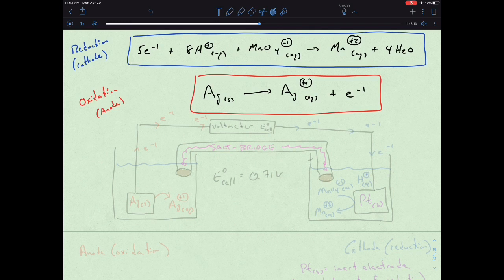So we have our two solutions for our battery.